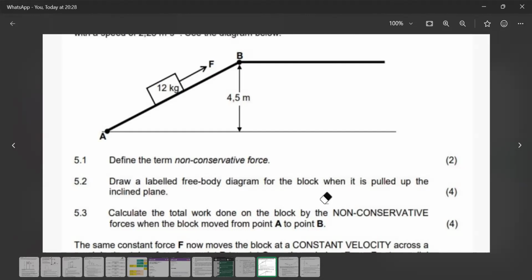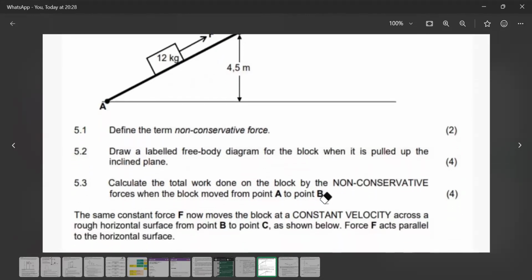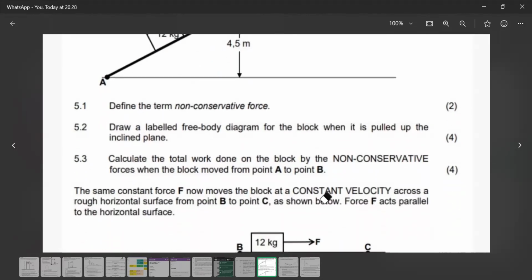So what I'm saying to you is, since we don't know the magnitudes of these two forces, and we also don't know the displacement covered by this block, then we have to use the formula that is exclusive to the non-conservative forces. Now, what is that formula saying?